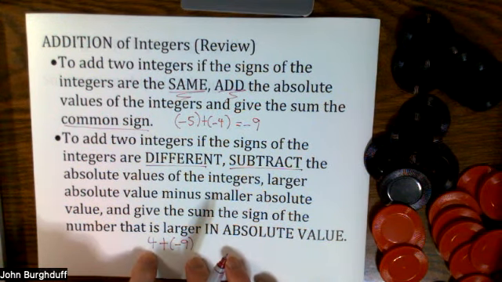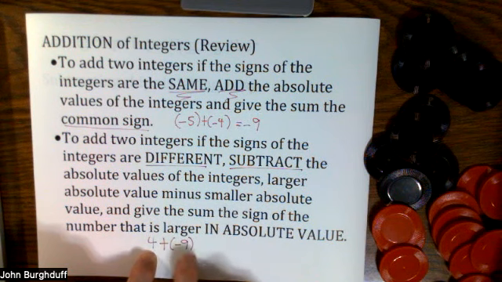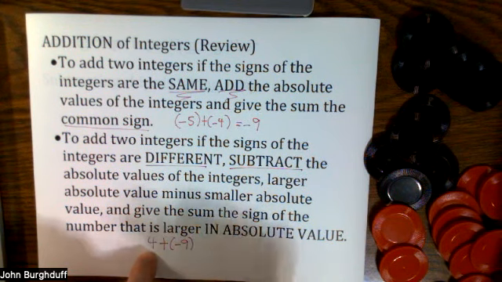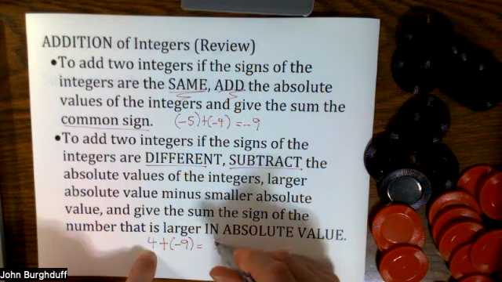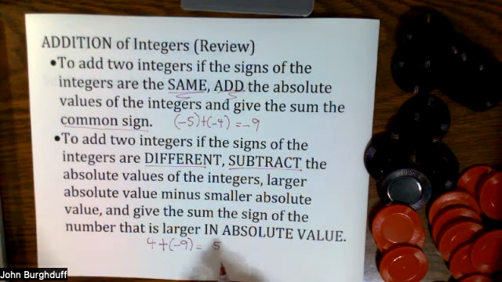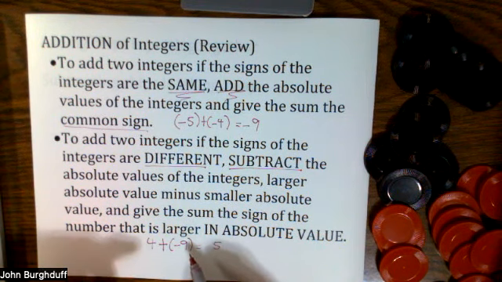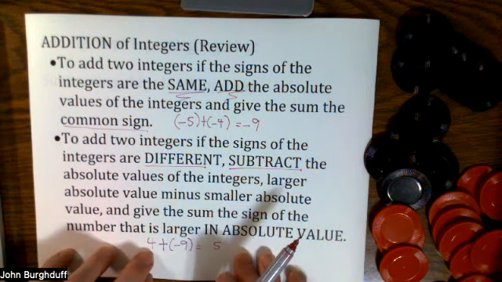So the absolute value of 4 is 4. The absolute value of -9 is 9. Take the larger of those absolute values minus the smaller. 9 minus 4 is 5. And give the final answer the sign of the number that's larger in absolute value. And that's important to say it that way.